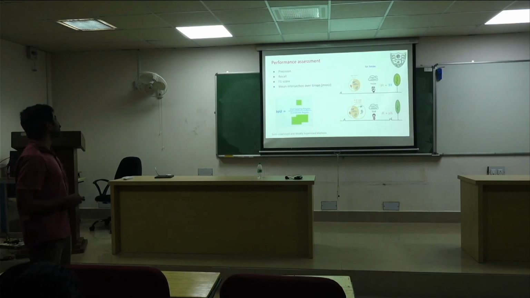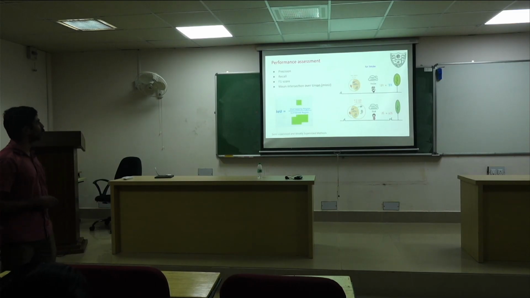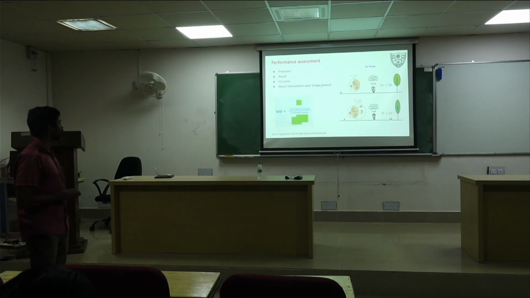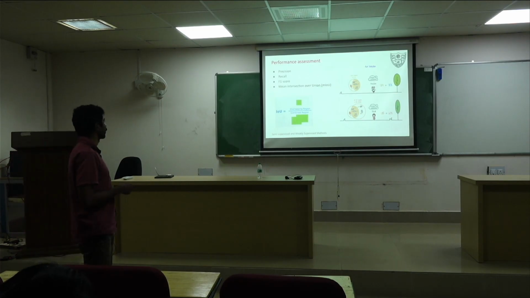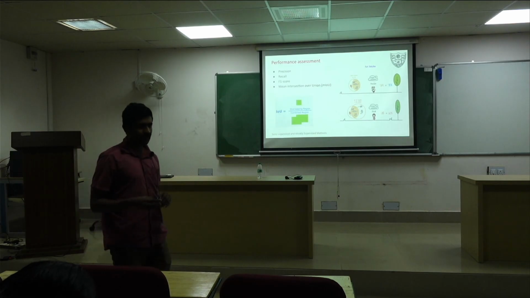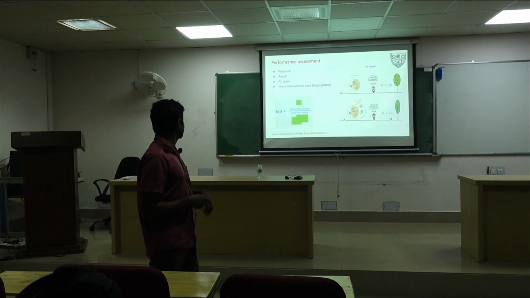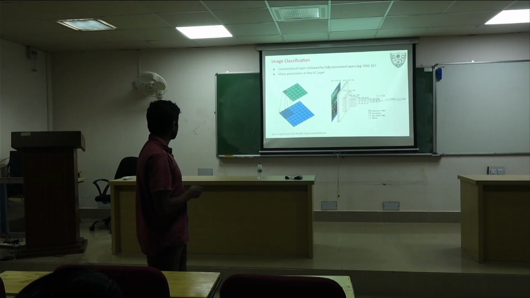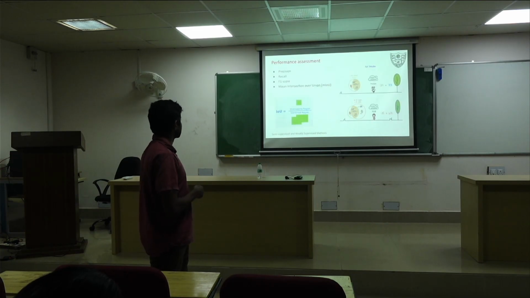So how do you actually measure how good it is? We measure using many different things. Precision and recall are the standard detection kind of thing. Let me tell you what recall is.